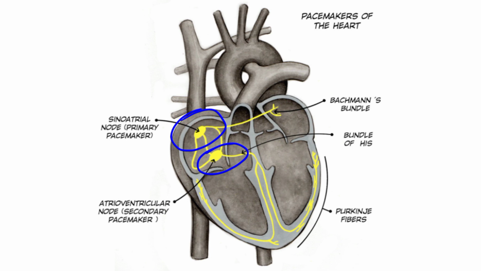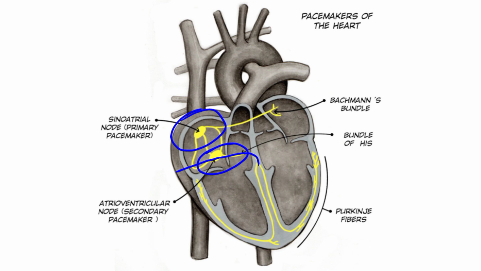So when the SA node is producing impulses, some impulses will move directly to the AV node and then move towards the other bundle branches, the bundle of His and the Purkinje fibers, and the rest.